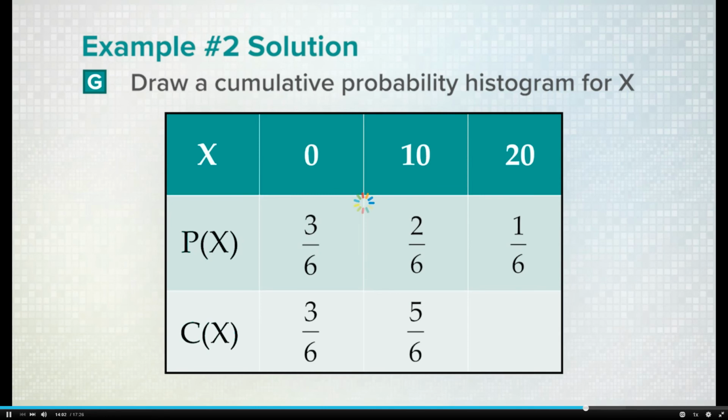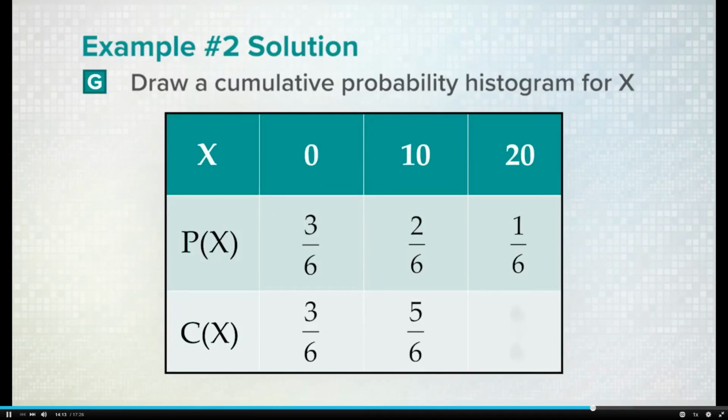Lastly, for $20, what's the probability that I win less than or equal to $20? Well, that would be everything in my distribution. So that'll always be 1. That last element of C of x will be 1.